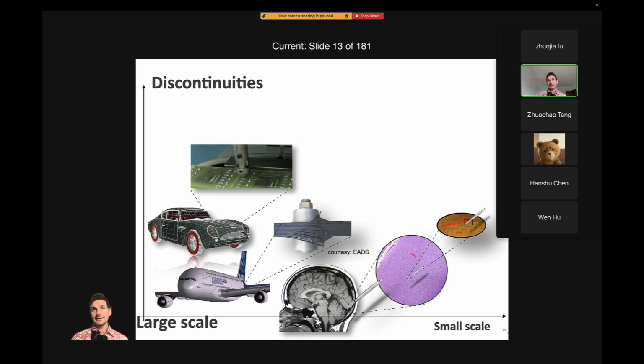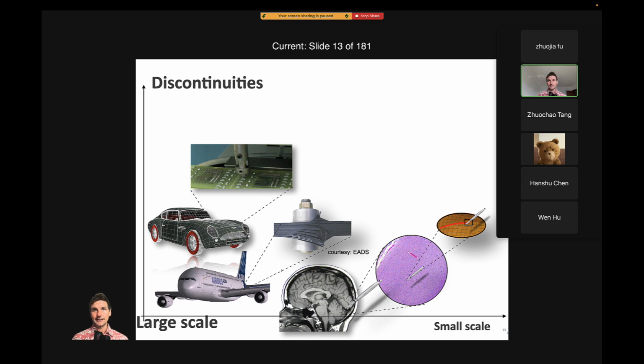Obviously, if you zoom in on the car, this is a project with Bosch, which was very interesting, I'll tell you about it if you'd like, on printed circuit boards and solder joints for my PhD student Alex Menk. Or if you look at the Airbus A380, you see all these very intricate layers of composites. Or if you look at the brain, if you zoom in, you always see that something is going on.